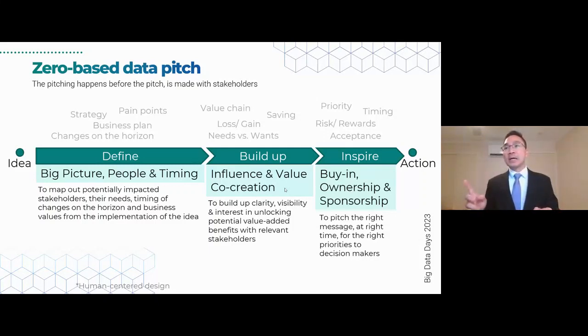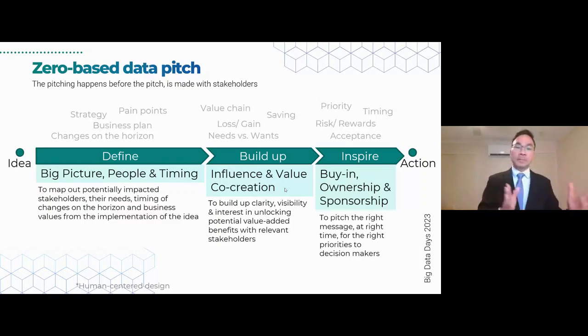If we see the action on the right-hand side as a starting point, before we can come to that point, there is a stage I call inspire the buy-in, the ownership and sponsorship of the executive. I think that is very simple to see, but it is extremely difficult to execute. However, I think it's still feasible.